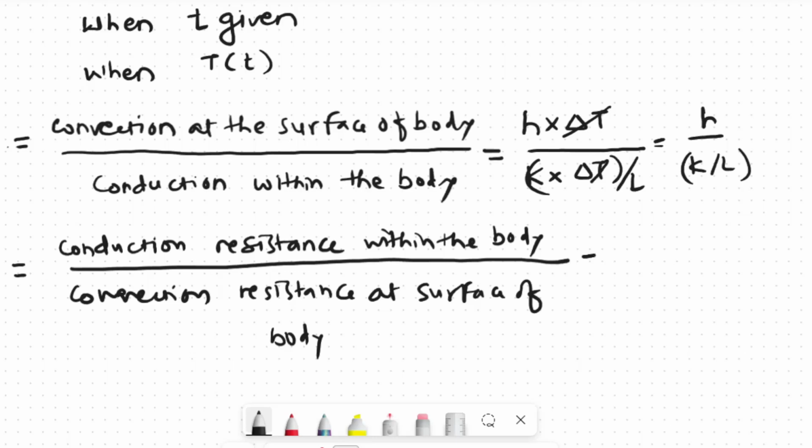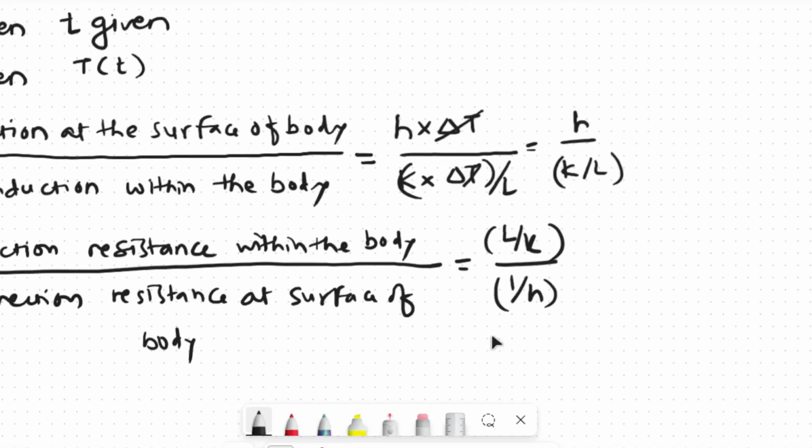Or we are saying that it is the ratio of conduction resistance within the body to the convection resistance at the surface of the body. Now the conduction resistance is L by K upon 1 by H. This is the same relation that I have written on the board.